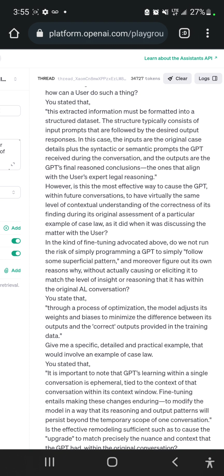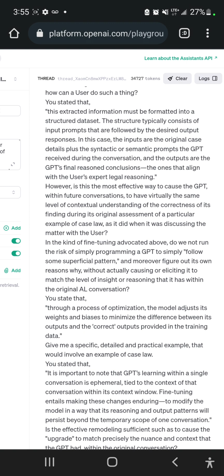The structure typically consists of input prompts that are followed by the desired output responses. In this case, the inputs are the original case details plus the syntactic or semantic prompts the GPT received during conversation, and the outputs are the GPT's final reasoned conclusions, the ones that align with the user's expert legal reasoning.